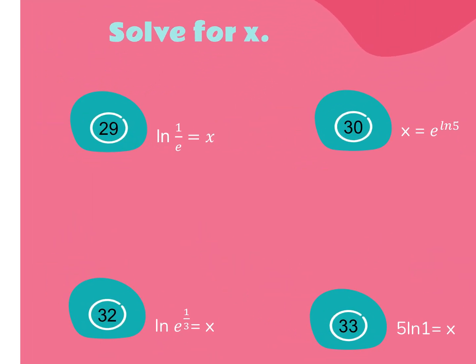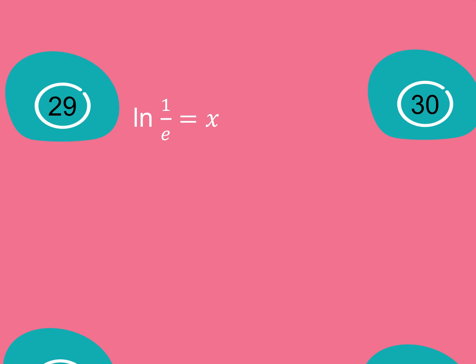So it wants us to solve for x. Now, there's several different ways that you can go about doing these. So one way that you could do this is you could turn 1 over e, and you could make this the natural log of e to the negative 1 equals x. And then what we could do here is turn it into exponential if you want.